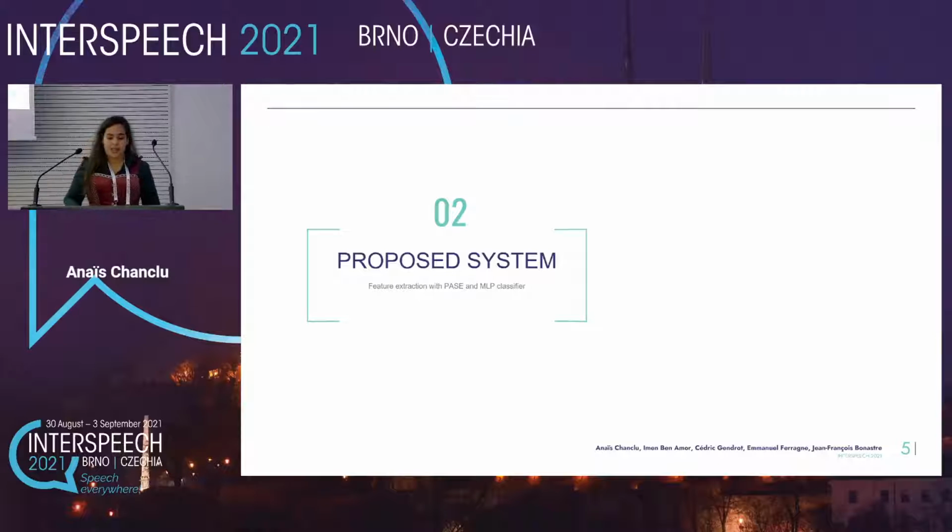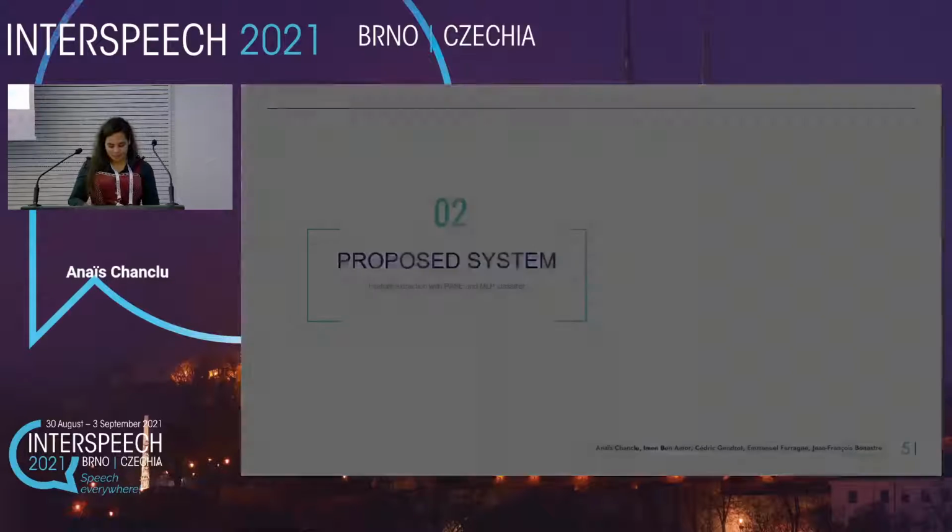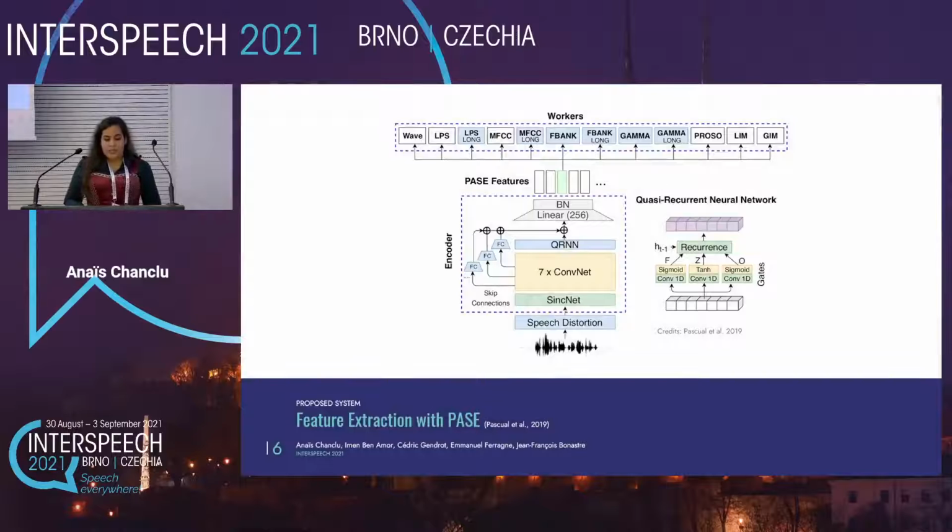Now that we have defined voice quality and phonation type, I would like to introduce our system, using PASE as a feature extractor and a multi-layer perceptron for phonation type detection. Very briefly, PASE is a variant of autoencoder trained for multitasking.